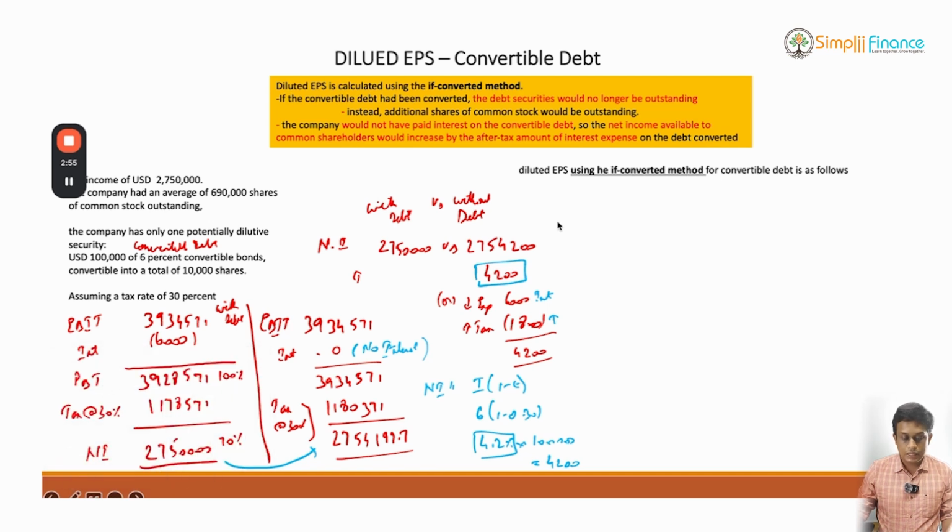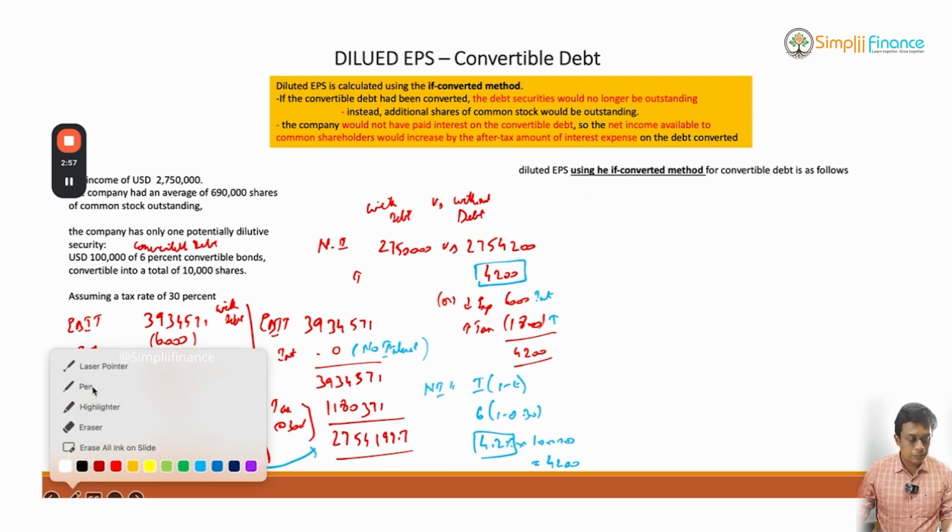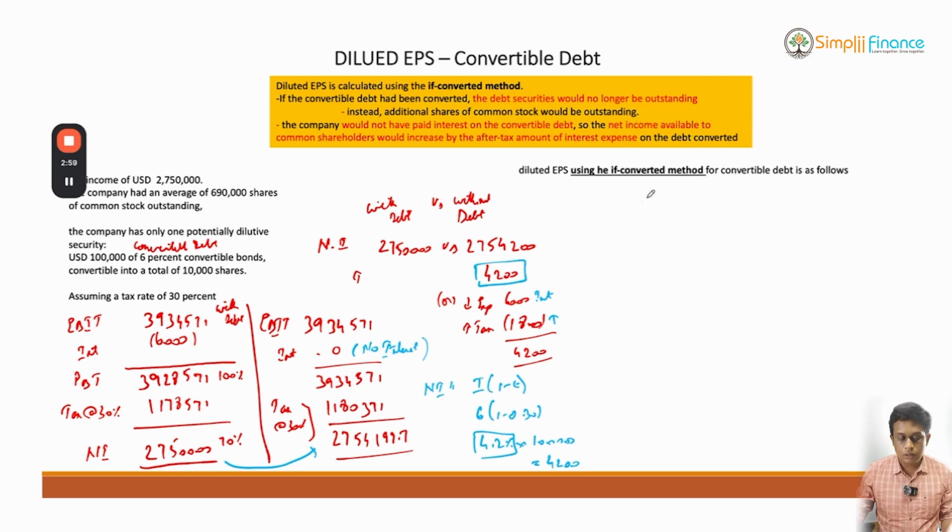So let's once again try to find out the basic EPS using the what if converted method. First the basic versus the diluted EPS. The basic EPS starts with net income again. The net income is 2.75 million.